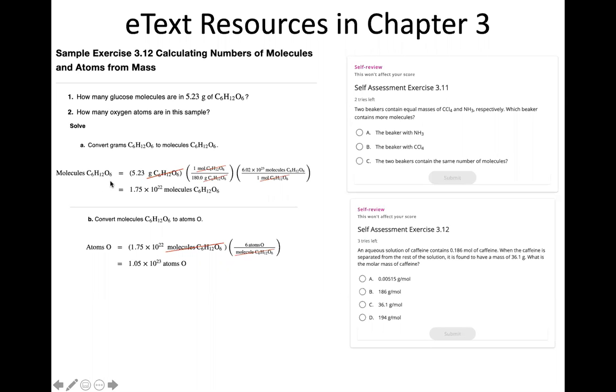There are probably 8 or 9 different sample exercises where you can work through and see the problem. Right after those, they have self-assessment questions where you can submit your answers right in there and it tells you if you're right or not.